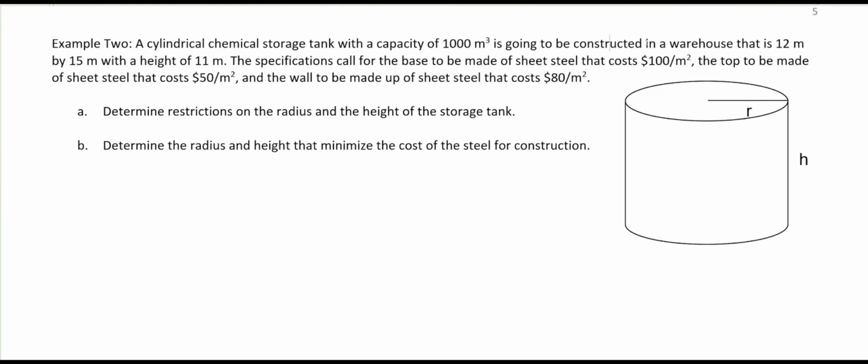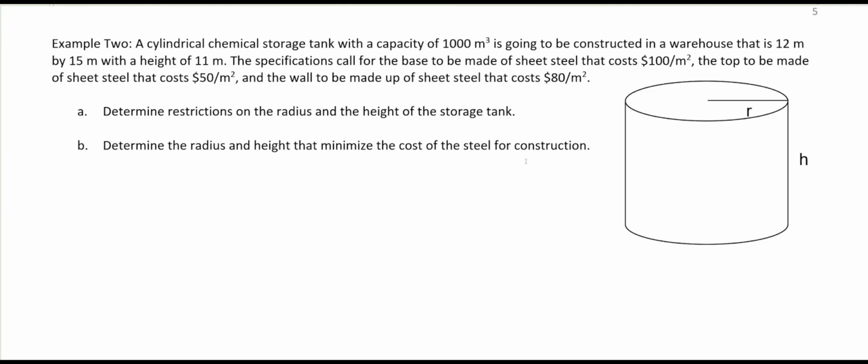You also need to recognize that I can't have a radius that, when doubled, goes beyond the constraints of the warehouse, or the height beyond 11 meters, because it's not going to fit in the warehouse, right? So you can already start to see the constraints on your domain.